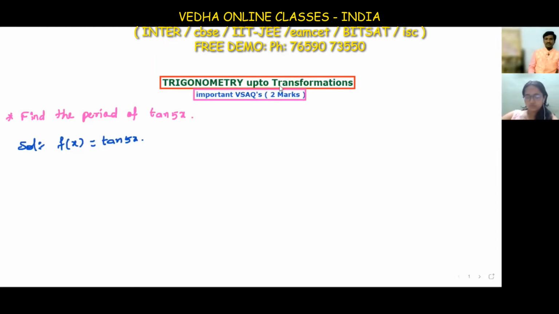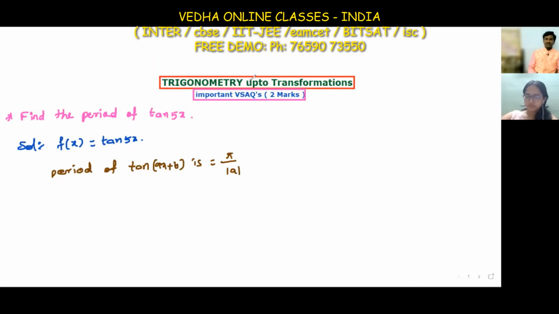So here we have the formula. Period of tan(ax plus b) or tan(ax), whatever it is, is pi by mod a, where a is the x coefficient. We take the x coefficient here.